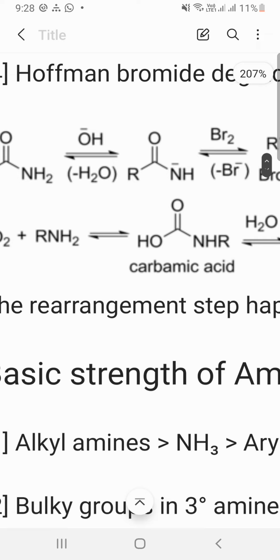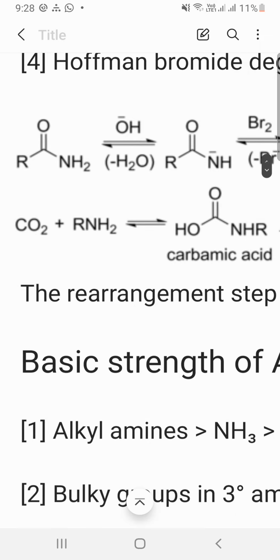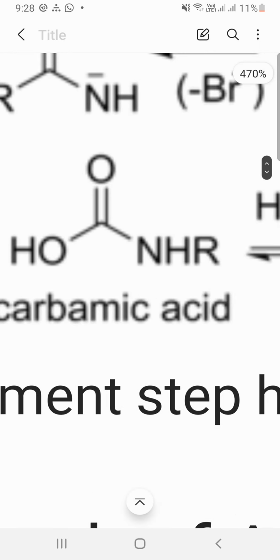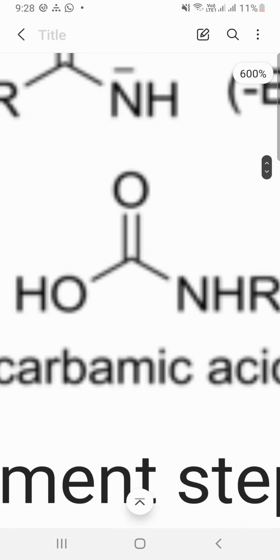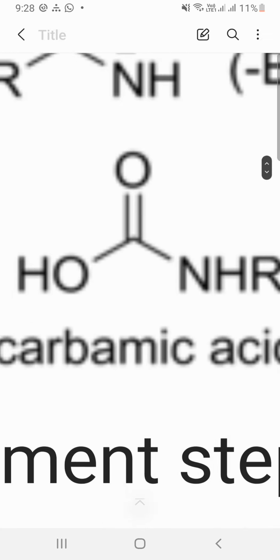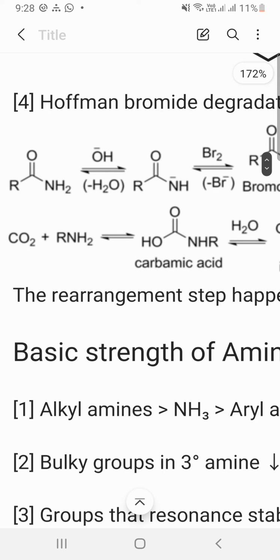Then you heat it and it loses the CO2. It's very similar to, say, H2CO3, if you like. It's got 2 oxygens and 1 nitrogen attached, which is not so stable, and so it converts to carbon dioxide and RNH2.